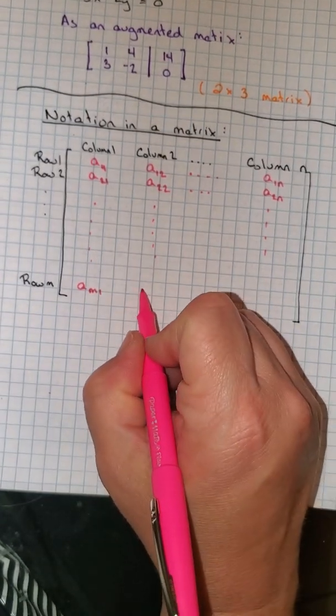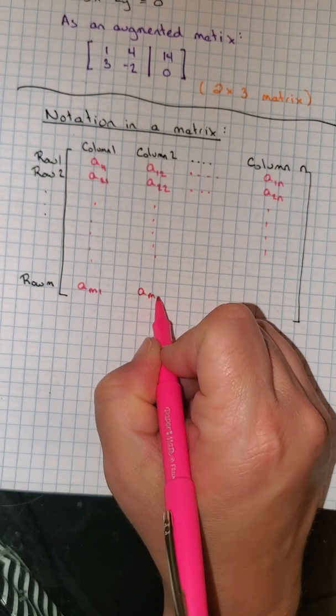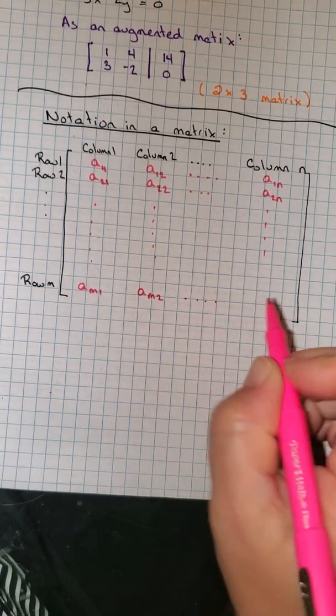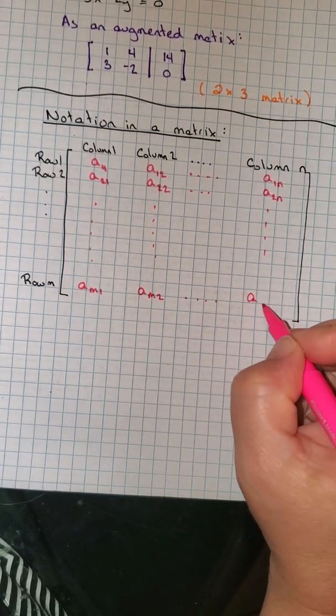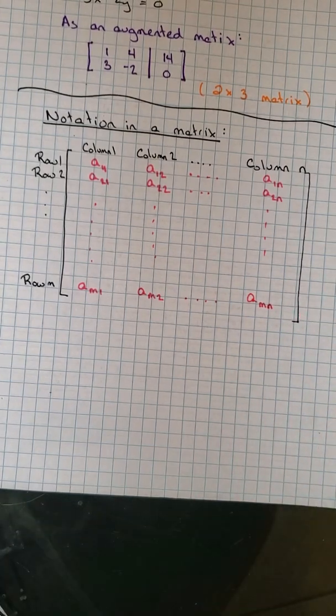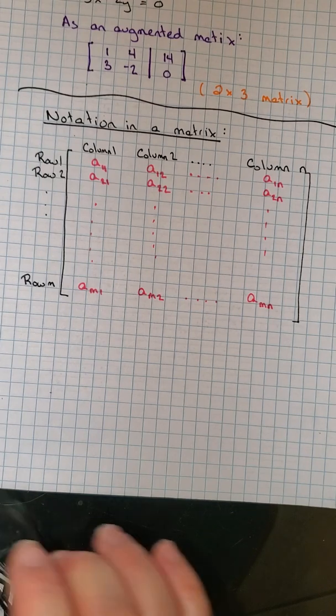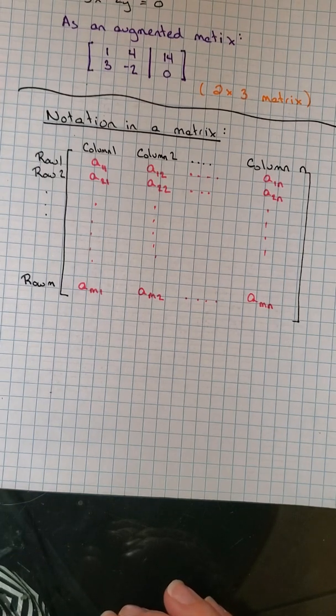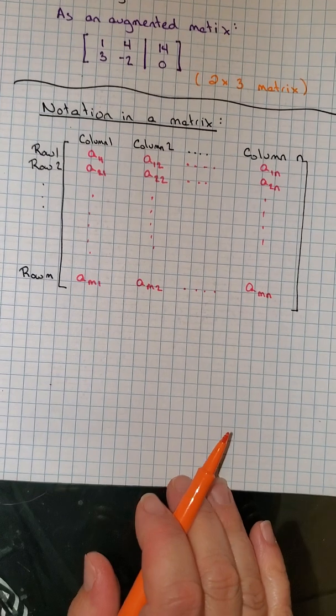This is A, row M, column 2, and so on. So generically, this is A, row M, column N. And then this would be considered an M by N matrix.